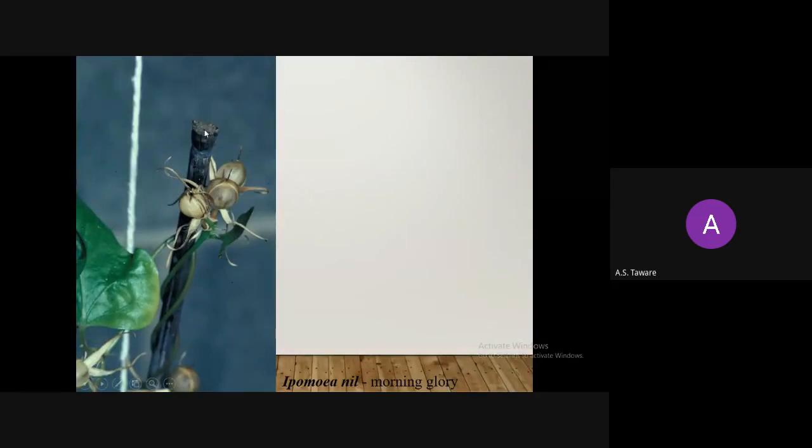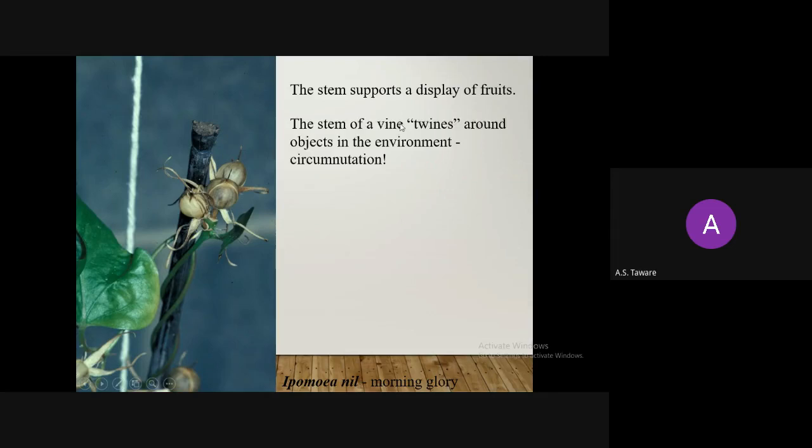This flower you have already observed somewhere. These are the fruits. These are present in our nearby areas, known as Ipomoea, which is also known as morning glory. So stem supports the display of fruits. The stem is a vine, which means it twines around objects in the environment.